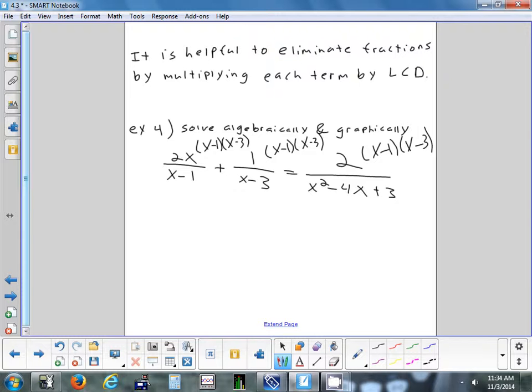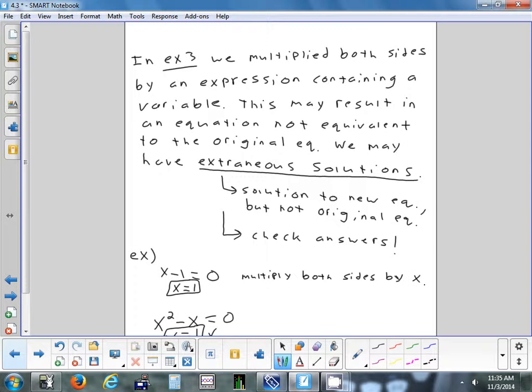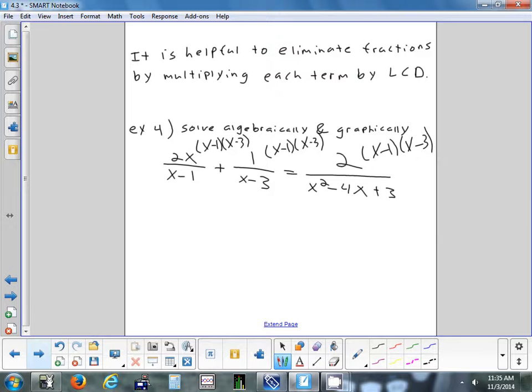Anybody remember what that's called? Yep. Extraneous solution. If you multiply both sides of an expression by a variable, you might get extraneous solutions. Okay, so let's do it out and see what happens.